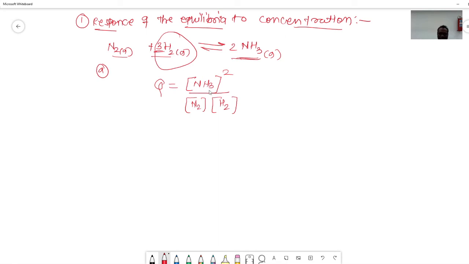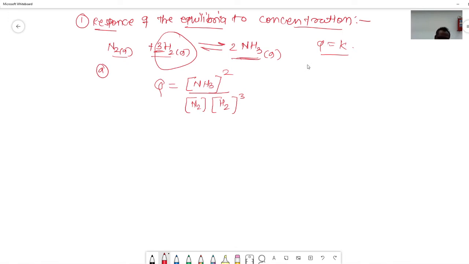There are 3 moles of hydrogen, therefore that comes out to be hydrogen cubed. At equilibrium, we know that Q is equal to K. At the time of equilibrium, Q is equal to K.